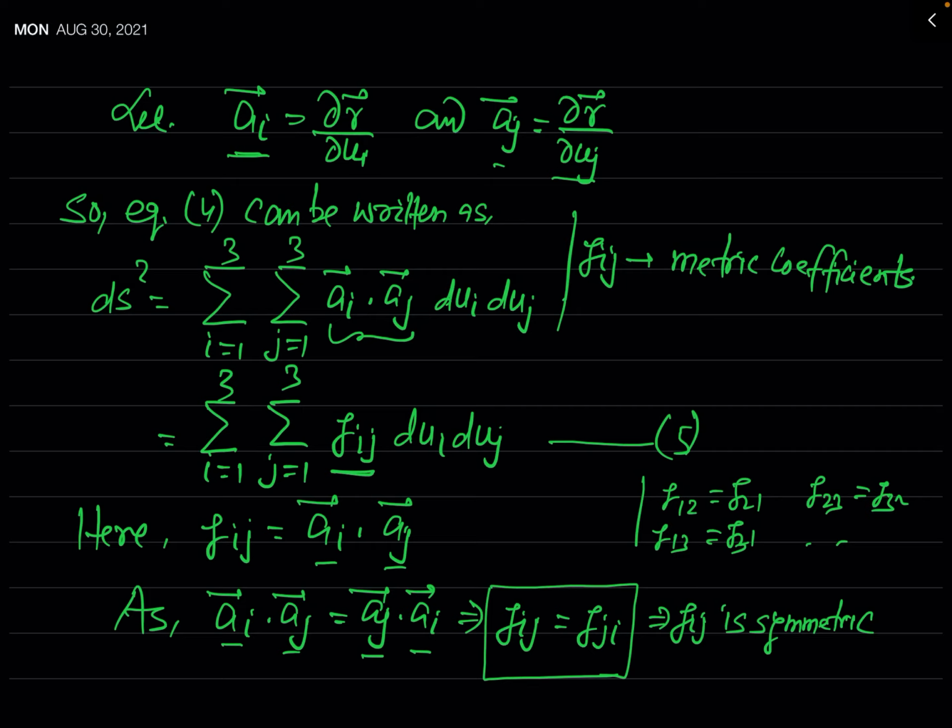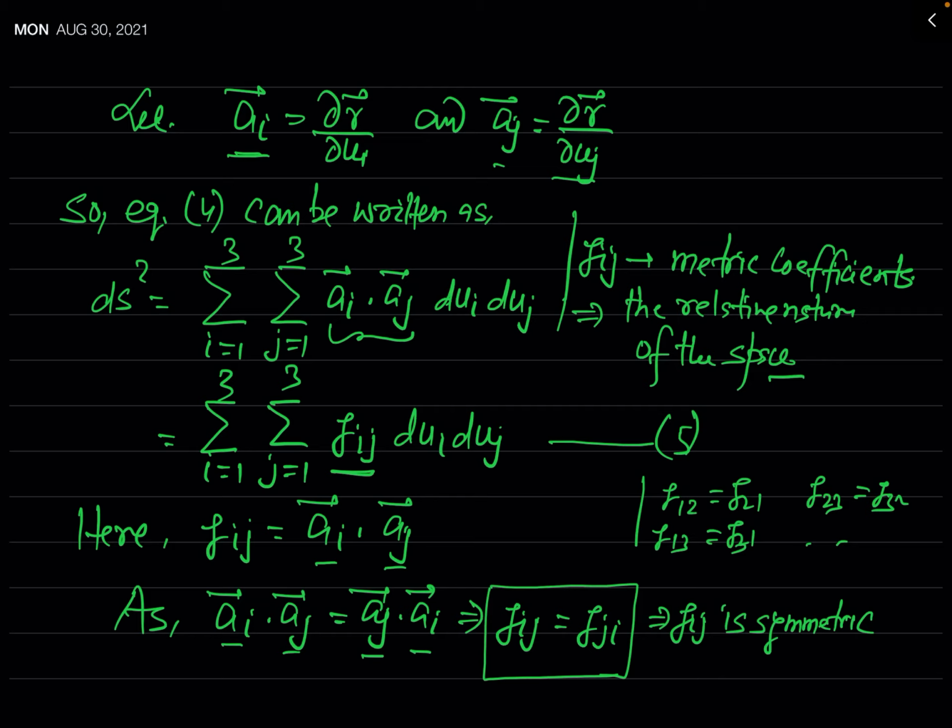So these metric coefficients imply the relative nature of the space.